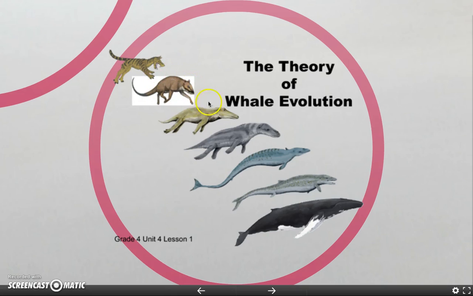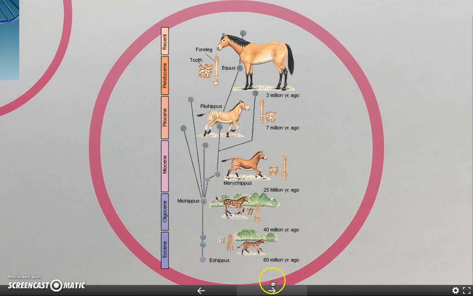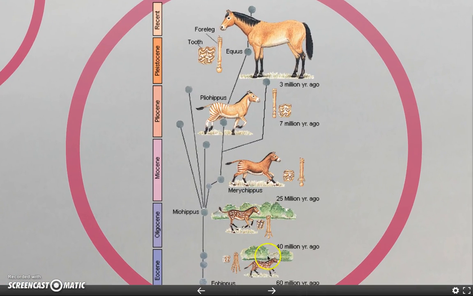But over time we have found transitional fossils that have taken us to each step in between there and our present day whale. Likewise, we have evidence in horses. Horses are well studied, and we have lots of fossils that takes us from the species that were around 60 million years ago to our present day horses. All of these transitional fossils are evidence that over time the horse has evolved or changed.